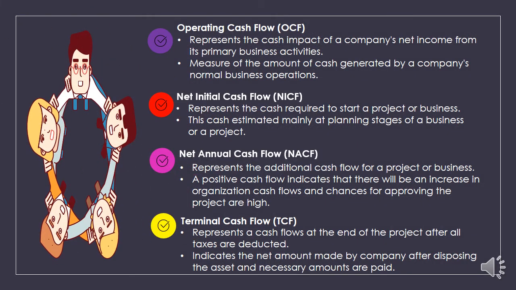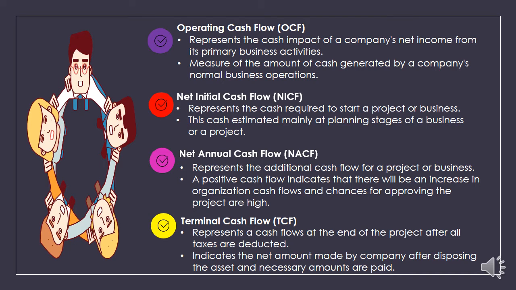Before you can start to construct or calculate the after-tax cash flow, there are 4 terms related to cash flow that you need to understand and know. The first is operating cash flow, or OCF.